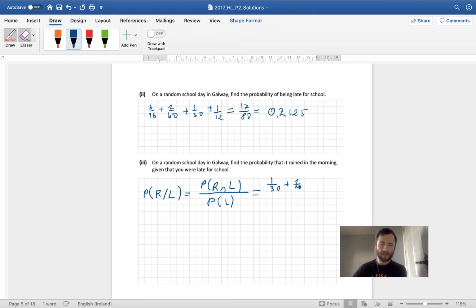And the probability that I was late is 17/80. That is equal to 28/51, which is equal to 0.549.